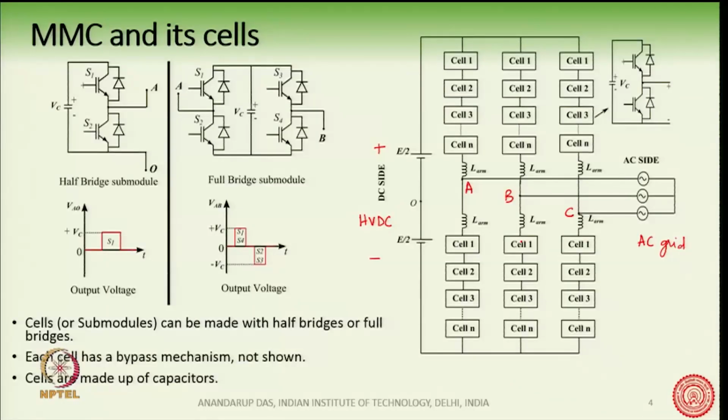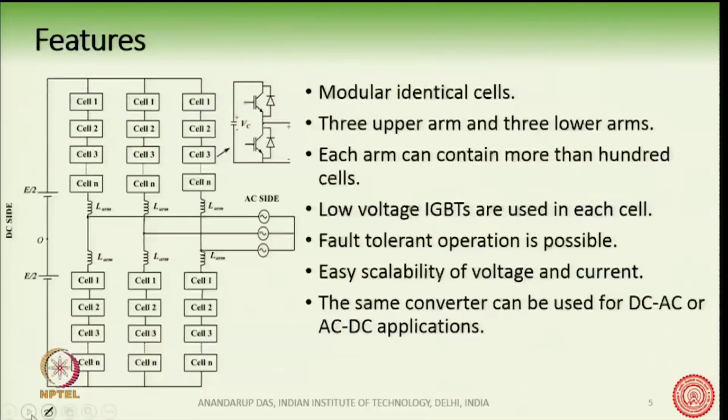If I now look at the features of this converter, we can see that it has many modular identical cells. Each cell is a half bridge, one of the simplest structures in power electronics, and each cell has a DC bus made up of a capacitor.